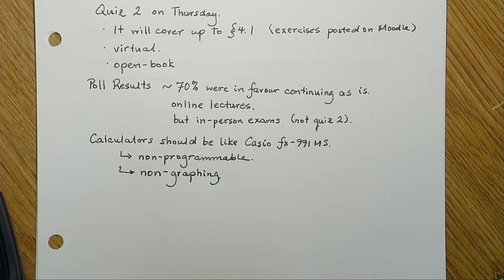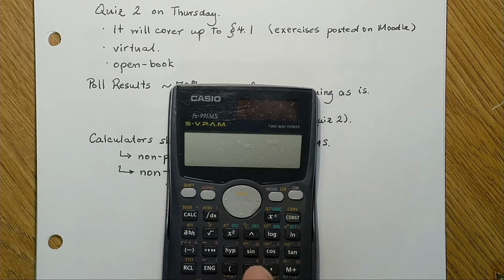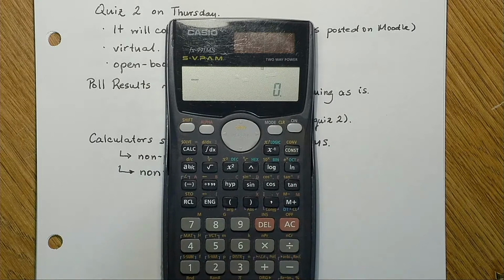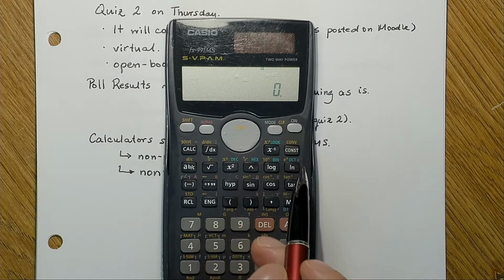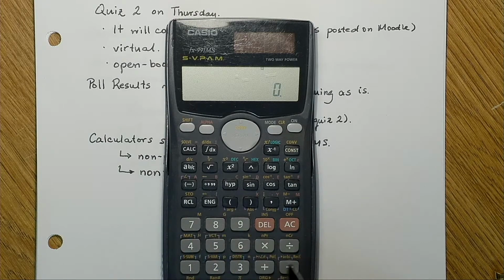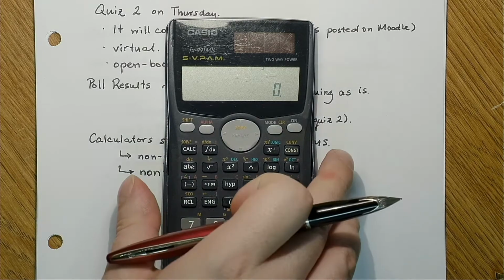If you show up with something that has the textbook programmed into it, or you can use Python, I've seen calculators now that have Python built in, or a graphing calculator, that's not acceptable. We're expecting a basic scientific calculator with trig functions and exponential functions, where you can do multiplications and additions.